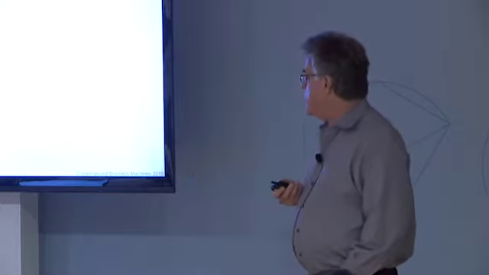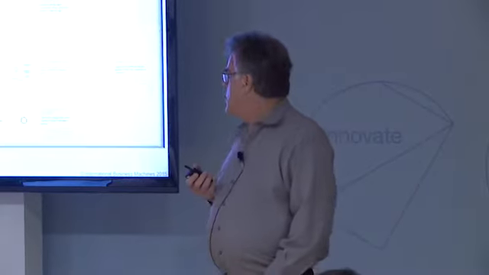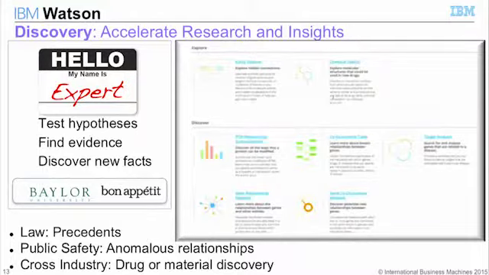So let me talk about some of the patterns of use. There are really four major patterns. There's one called discovery, and this one's really about research. If you're a subject matter expert, maybe you're a doctor or an economist or a chemist or a physicist or a lawyer, what you have in common is you're typically asked to take in a lot of data, usually a stack of papers, books, reports, and say something useful.